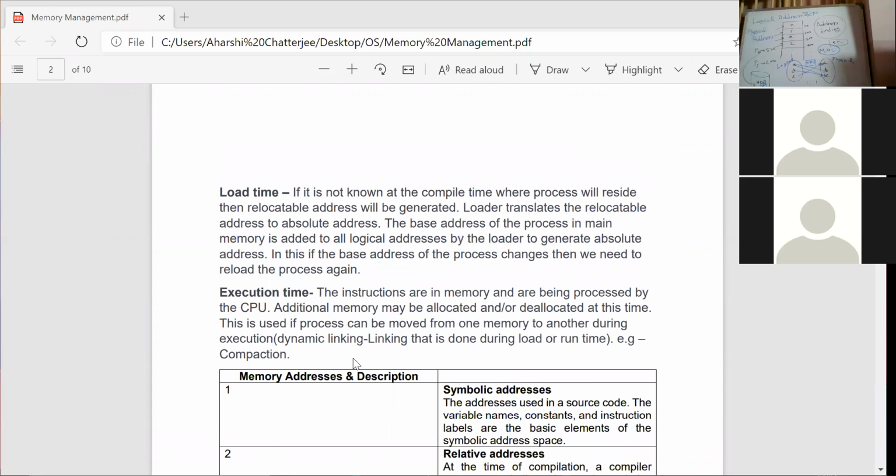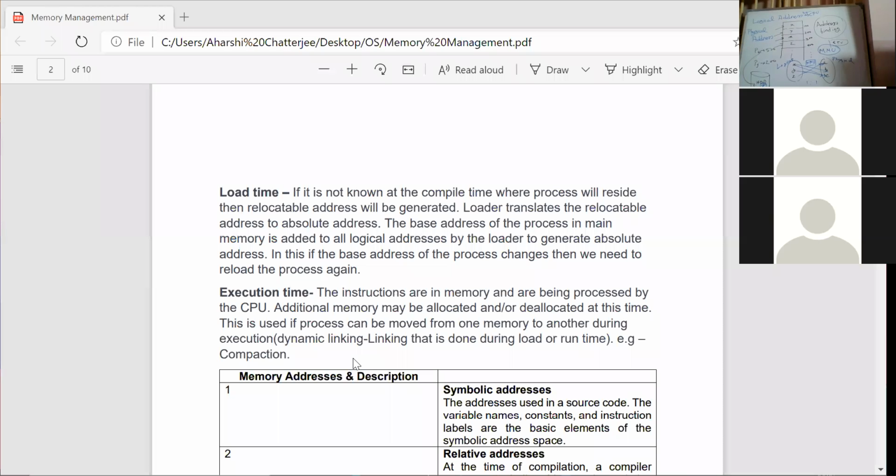Next is loading time address binding. Loading time means, what I want to tell here is that after compilation of a program, suppose a C program in your case, what kind of file is generated?